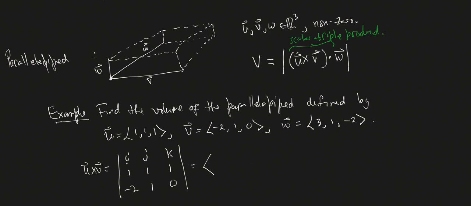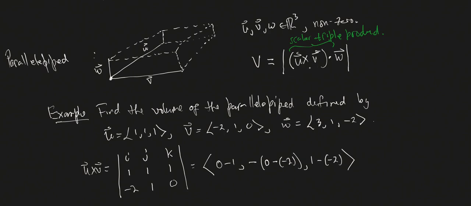When I block out the first column, I'll be left with 0 minus 1, and then the middle component has to have a negative sign. When I block out the middle column, I'll have 0 minus -2. And when I block out the third column, I end up getting 1 minus -2, right? So that's the vector.